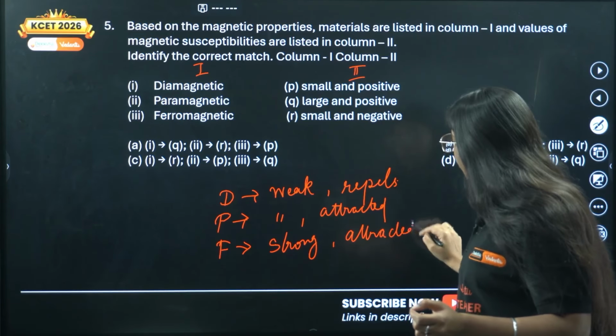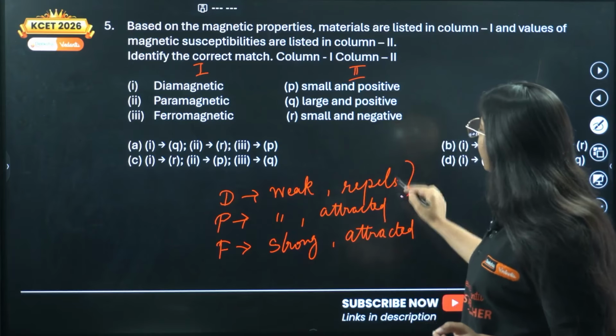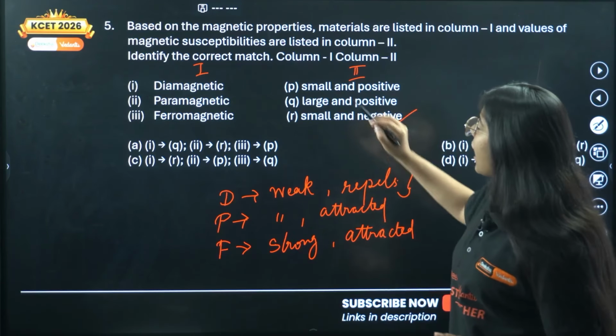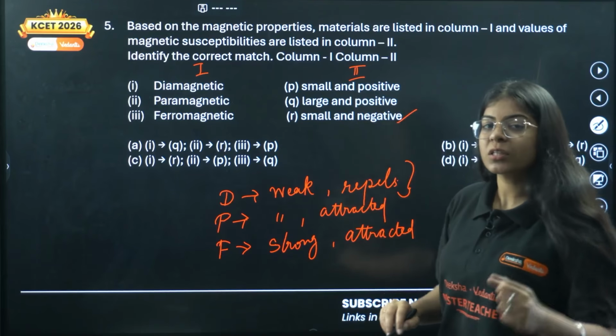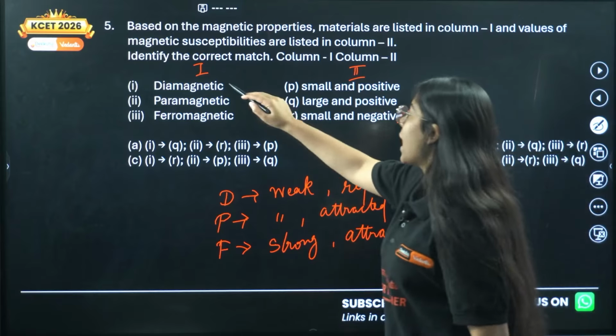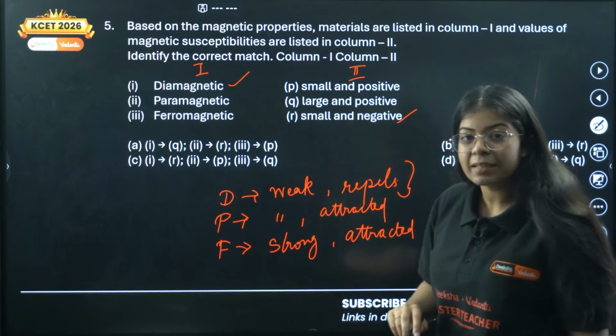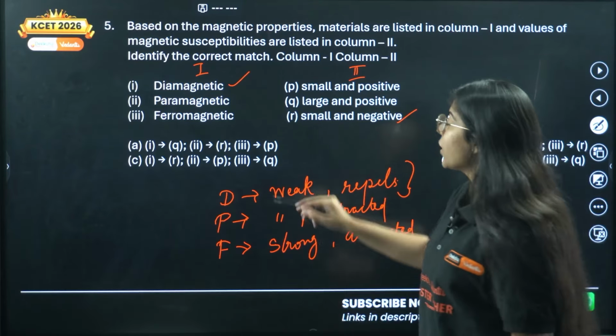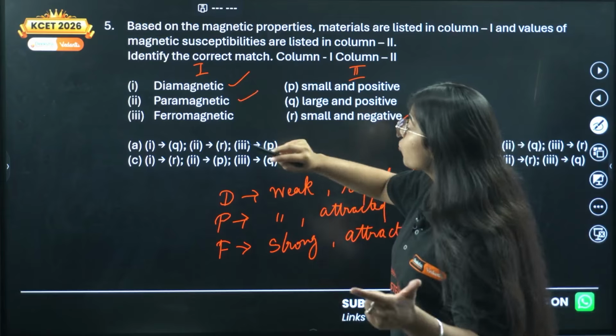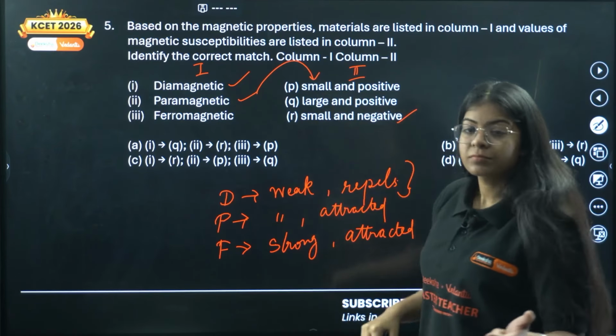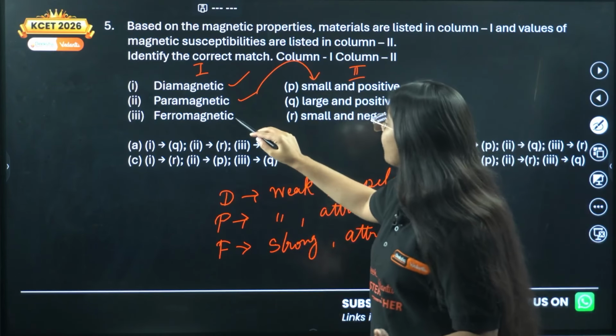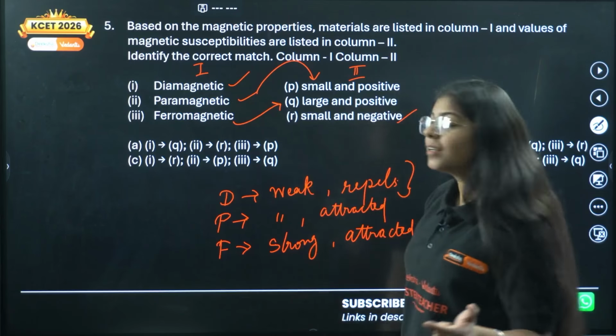Correct? So for repel here we use negative, and for attraction we are using the term positive. So for diamagnetic, it's small and negative. Correct? Understood? For paramagnetic, it's small and positive. Correct? For ferromagnetic, it's large and positive.